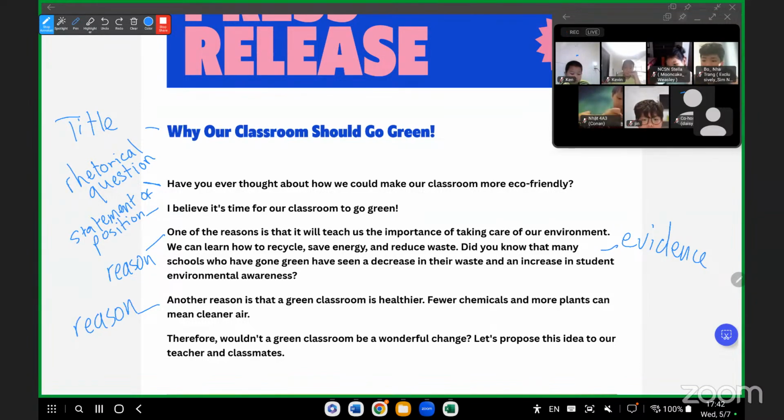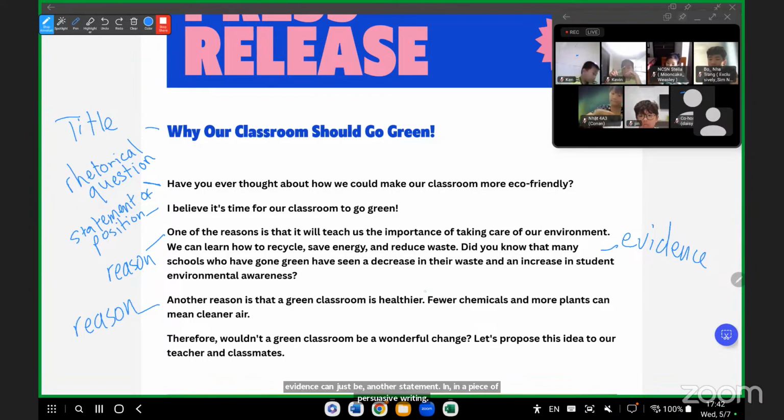So again, not every reason needs proper evidence. Or actually, no, I'm thinking in terms of a debate there, persuasive writing. So evidence can just be another statement in a piece of persuasive writing.